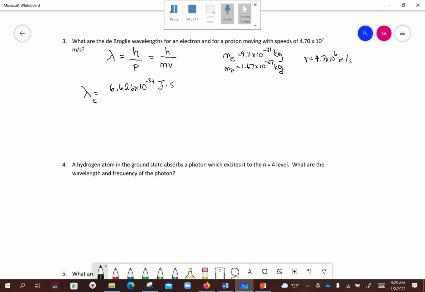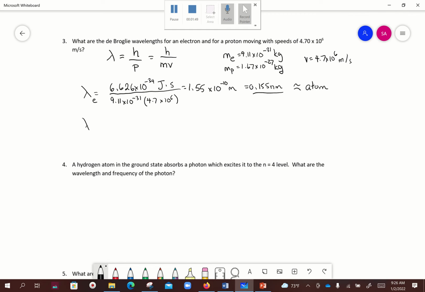And here we have to use the one that's in units of joules, over the mass, 9.11 times 10 to the minus 31 times the speed, 4.7 times 10 to the 6. And I get 1.55 times 10 to the minus 10 meters. How big is that? That's about 0.155 nanometers. So that's about the size of an atom.